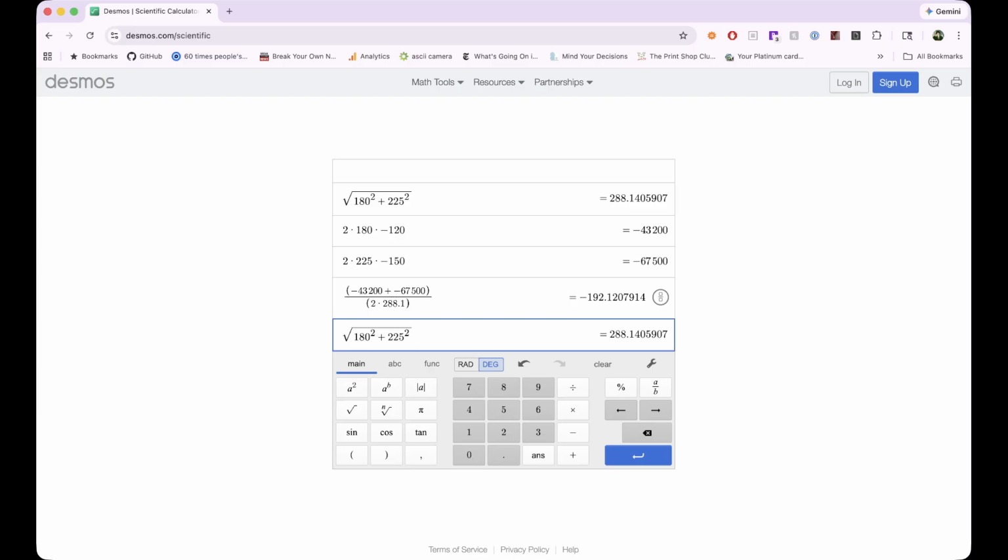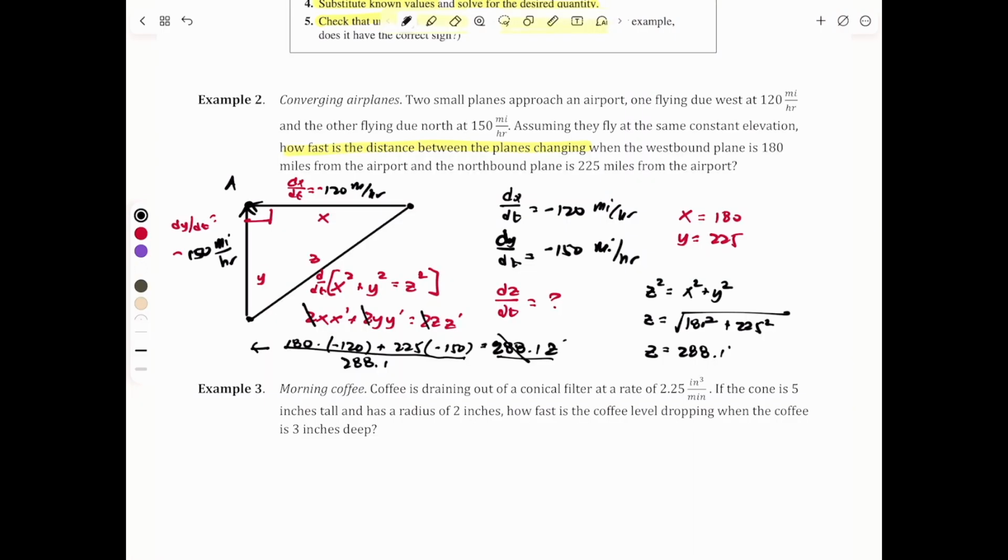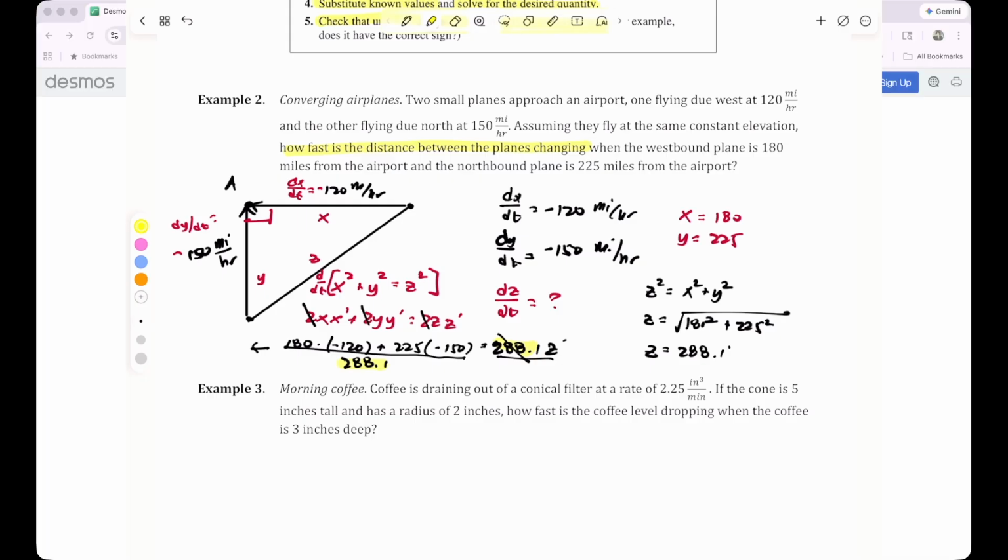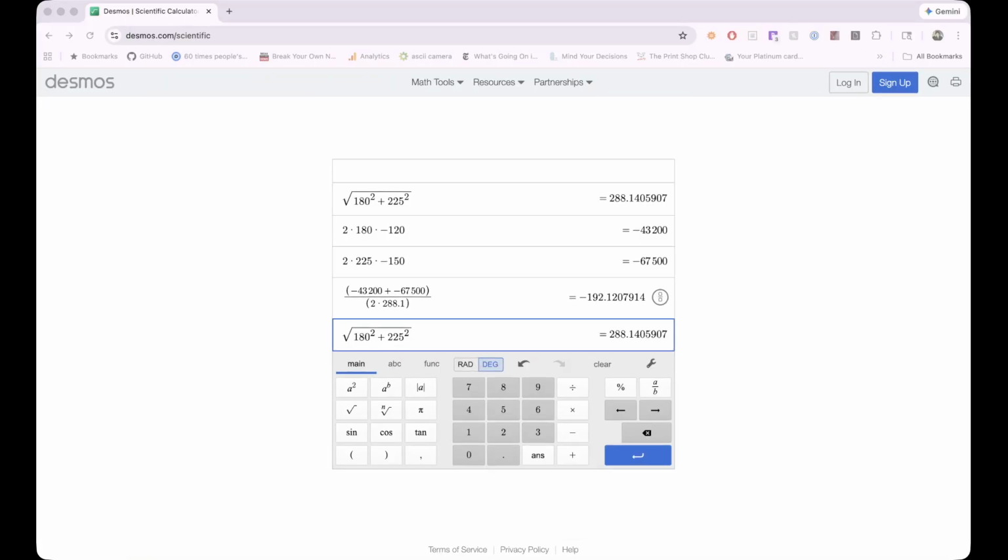And I still need z prime. All right, so z prime is simply all of this information on the left divided by 288.1. I'll put the answer over here to the left. So I just divided both sides by 288.1. And I'm going to go back to my calculator. And let's see what we have here.